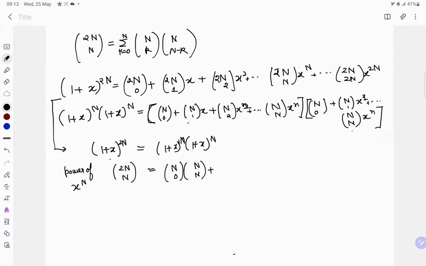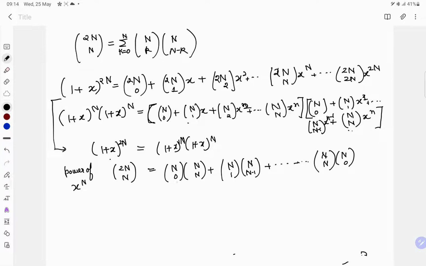Then if you multiply this with, let's say, this term, nC(n minus 1) x to the power n minus 1, you will again have nC1 nC(n minus 1) x to the power n, and so on, and lastly again this term multiplied with the first, nCn and nC0. So these kinds of combinations will give x to the power n.